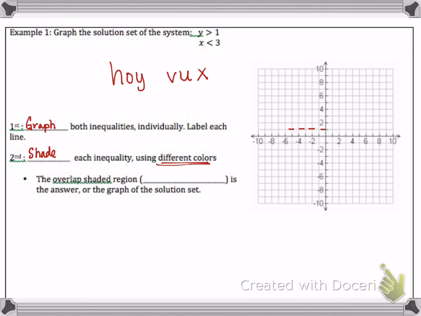I'm going to give a dotted line there at y equals 1, and because it is greater than, we are going to shade upward of that line. So we're going to shade this region of the graph.